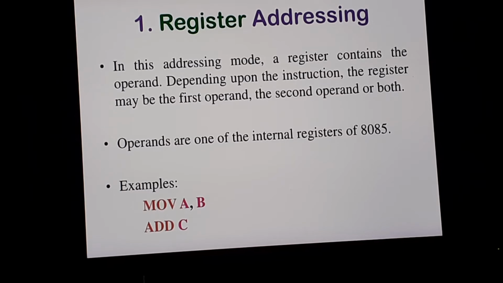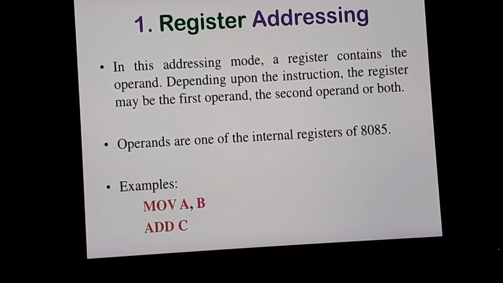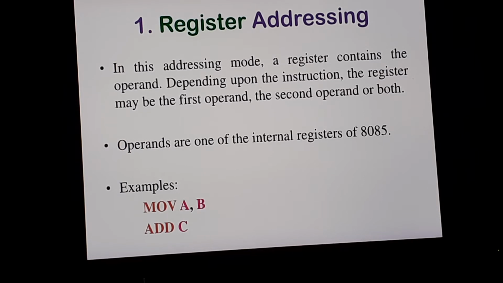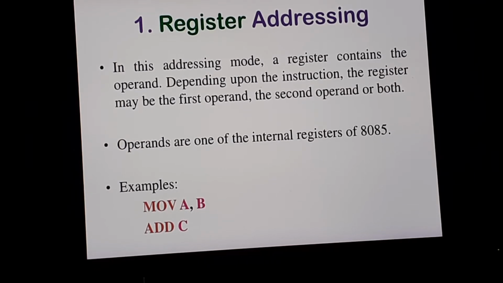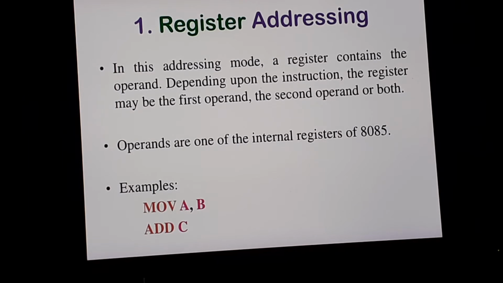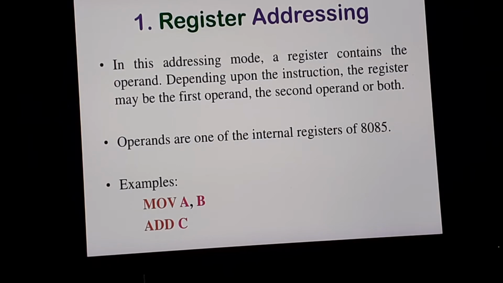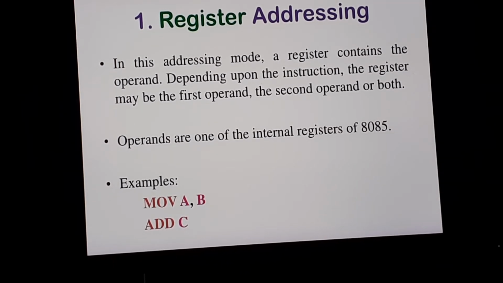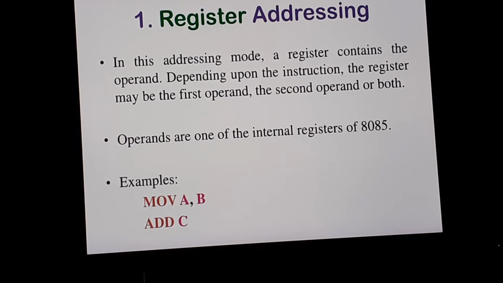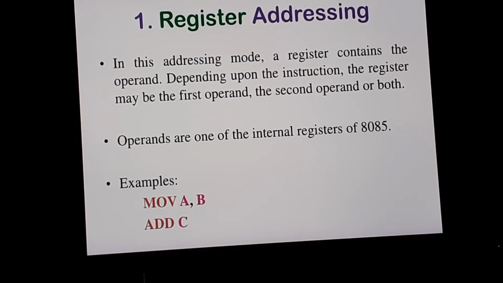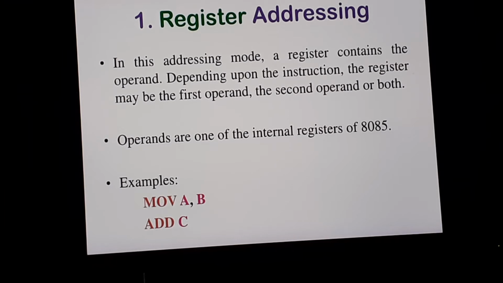If it is a 16-bit instruction, there will be 2 values, 8 plus 8, 16. If it is an 8-bit instruction, there will be only 1 value. Hence it is said the register may be the first operand, second operand, or both. So the operands are one of the internal registers of 8085. Your examples in this addressing mode are MOV A,B and ADD C. These are the instruction names. You will not understand these instructions yet, so you have to study this addressing mode definition and the examples that I have written here.